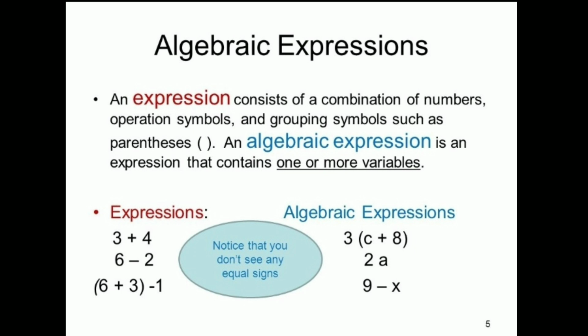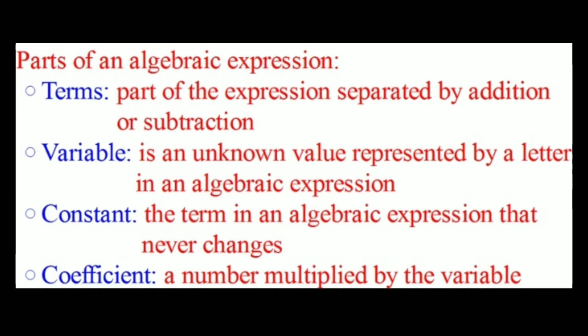Then we see the definitions of the parts of an algebraic expression. First, terms: parts of an expression separated by addition or subtraction. Second, variable: an unknown value represented by a letter in an algebraic expression. Third, constant: a term in an algebraic expression that never changes.